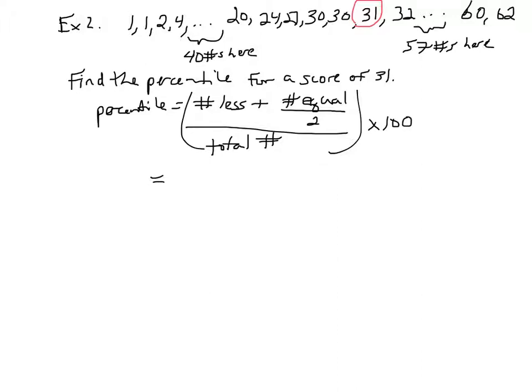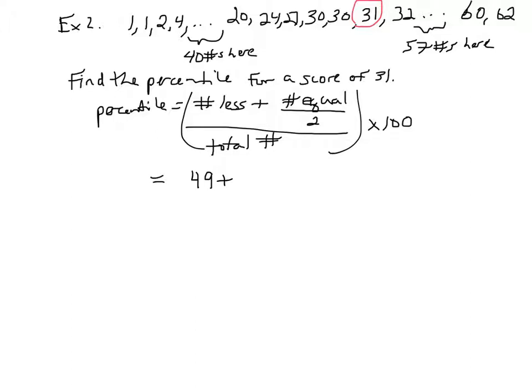So number less: 49. We have 1, 2, 3, 4, 5, 6, 7, 8, 9, plus the extra 40 numbers there. So we have 49 numbers less. Plus, how many do I have equal to? 1. That's fine because you're right, there's only 1 there.